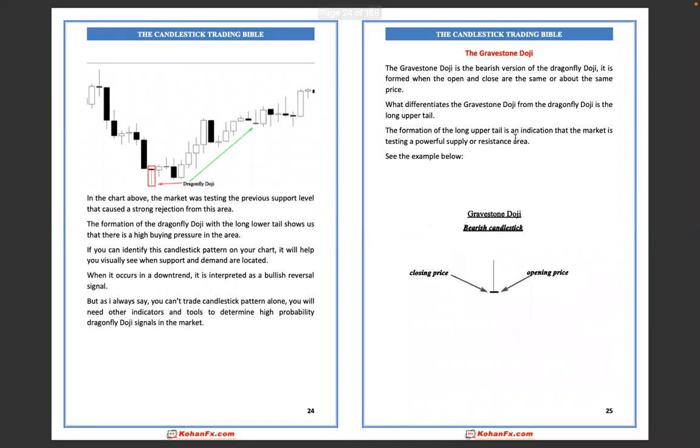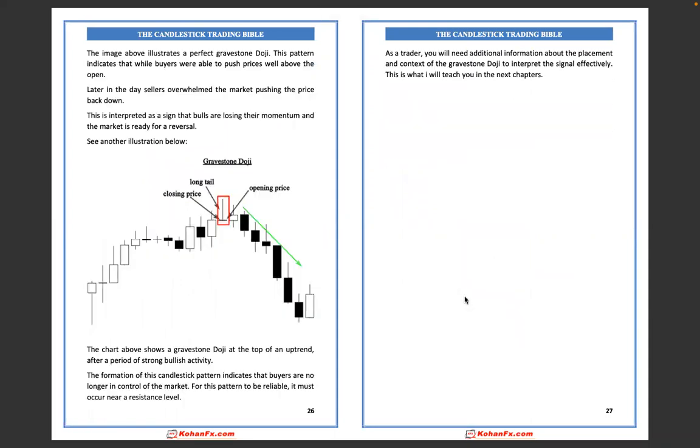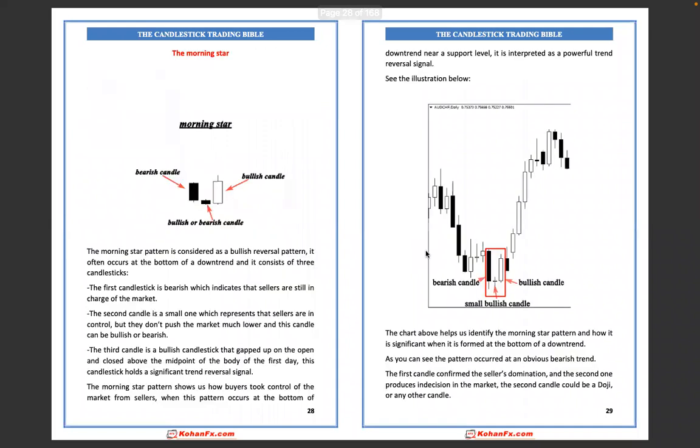If you see this, the gravestone doji, then we are talking about the opposite. We are looking for sales. The same way, price was pushed all the way up here, but it was forced to close below. And for that matter, we know that sellers are coming into the market. So we start looking for sales.